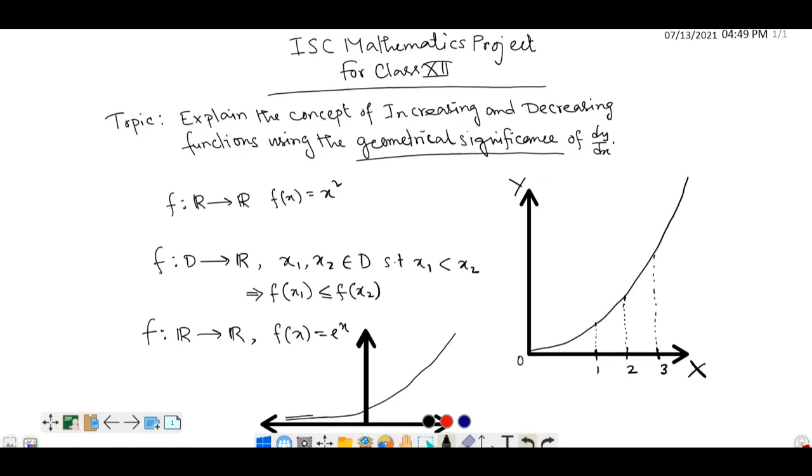This will be the graph of e to the power x. So here you can see that the value of e to the power x is also increasing as the value of x is increasing. So this is another example of an increasing function. So this we can take as the definition.